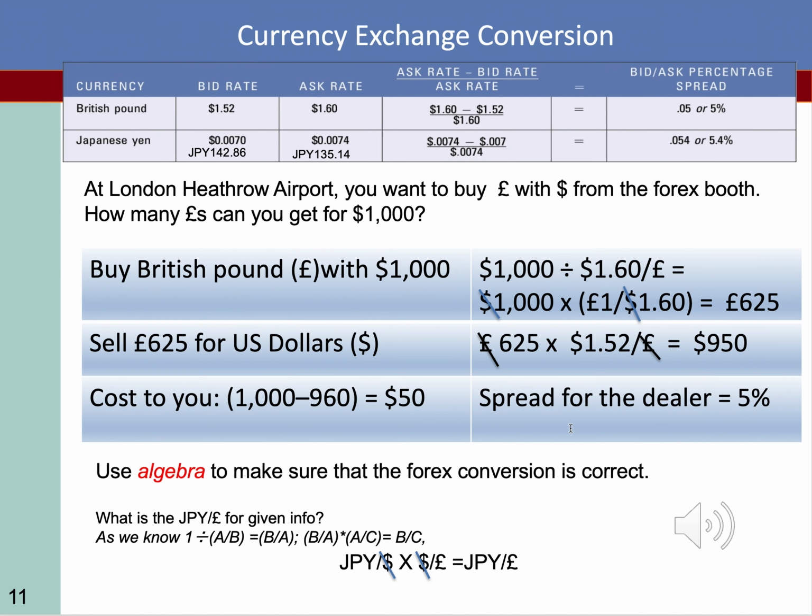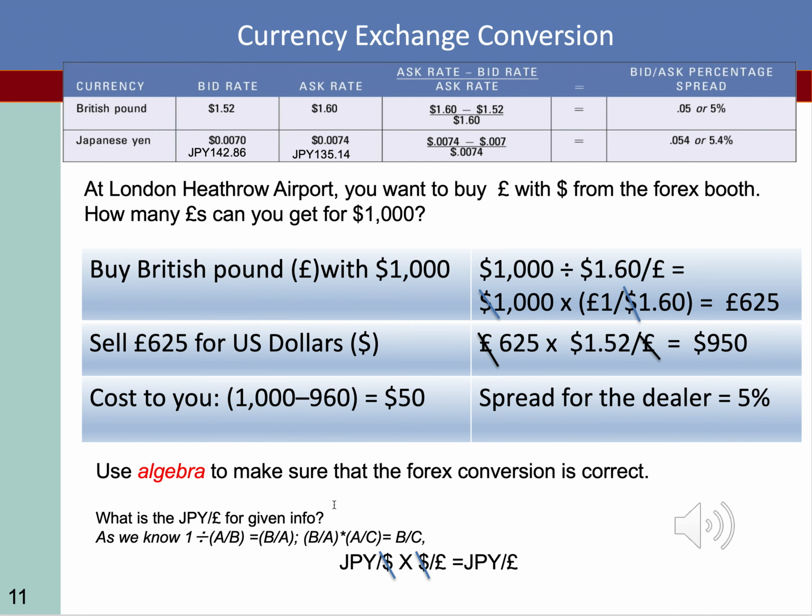Now, the algebra method is, as a matter of fact, also useful to calculate cross rates. For example, given the information here, you have the British pound versus the Japanese yen, all in terms of dollars, right? But do you know what the exchange rate is from Japanese yen versus pounds? How do I do that?